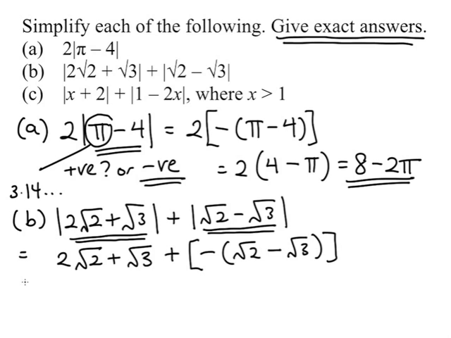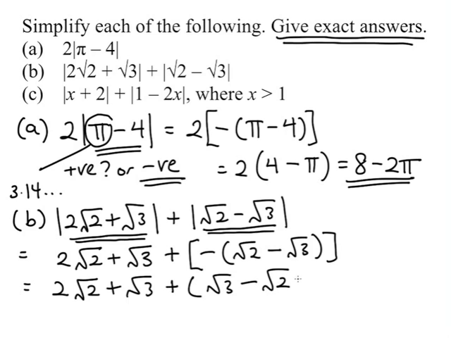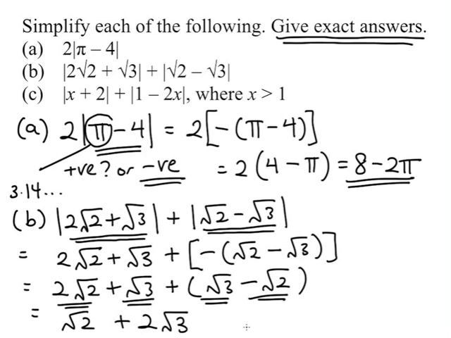The result will be this: that becomes square root 3 minus square root 2, and your final result will be 2 square root 2 minus square root 2, which gives you square root 2, and the square root 3 plus square root 3 will give us plus 2 times square root 3, and this will be your final answer.